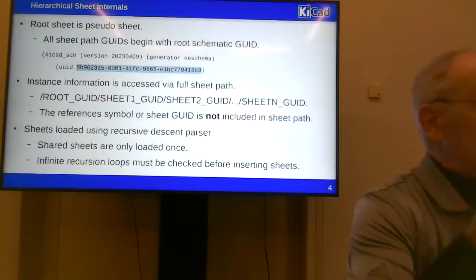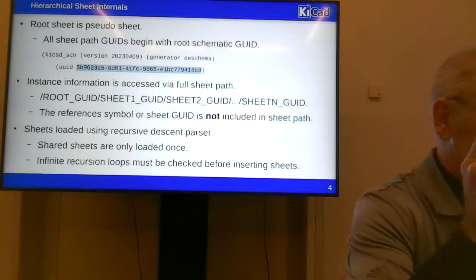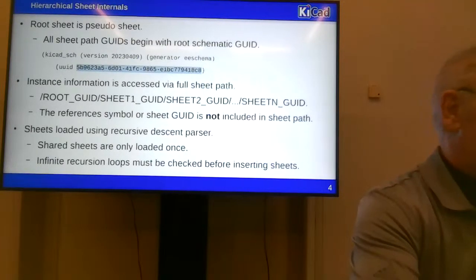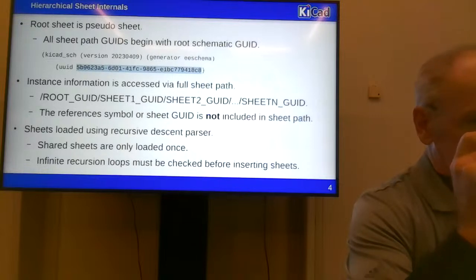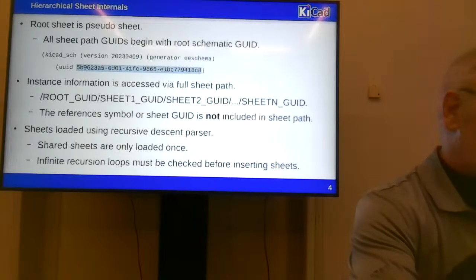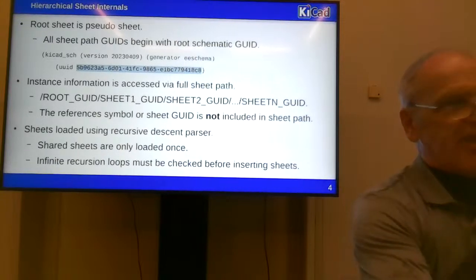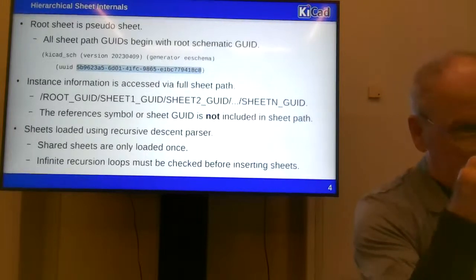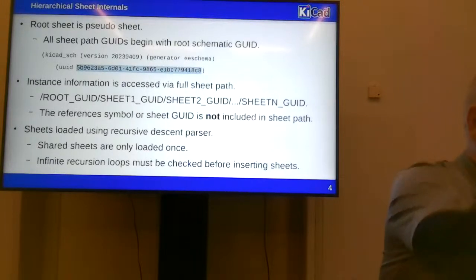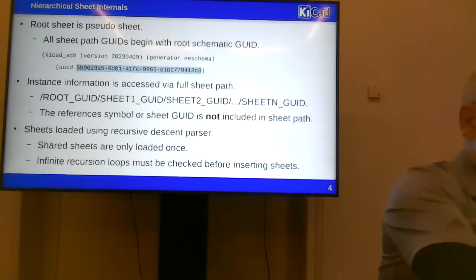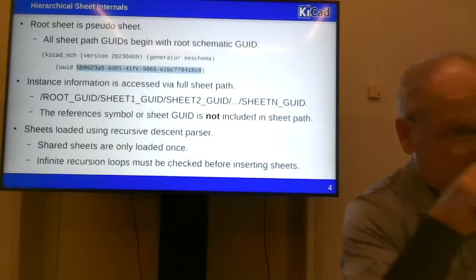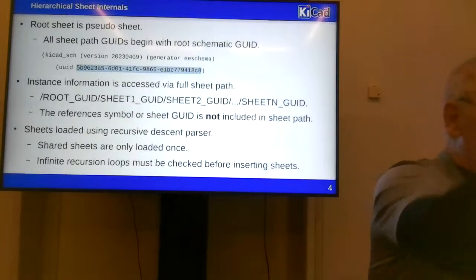One of the things that you do have to be careful with when sharing sheets is you can create a recursion loop. Because we use a recursive descent parser, you always have to check before you add a new sheet. So if I have a chain of sheets and I pick one out from the middle and I try to put it in a sheet further up the chain, what will happen is the recursive parser will go here, it'll go up and go, oh, okay, I'm back here.